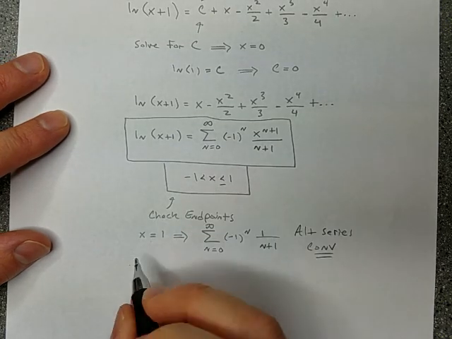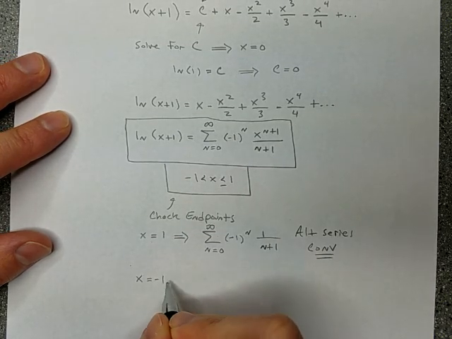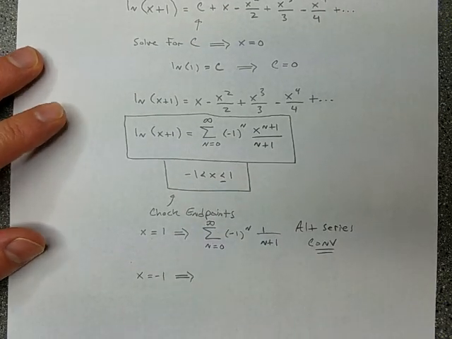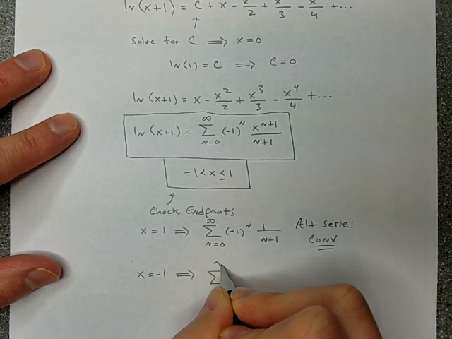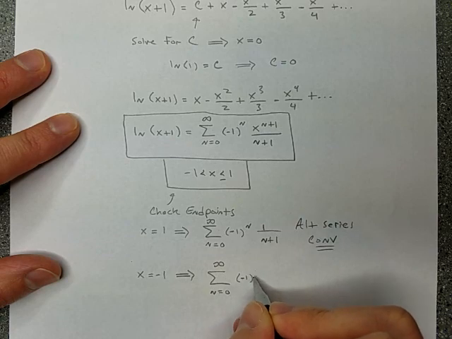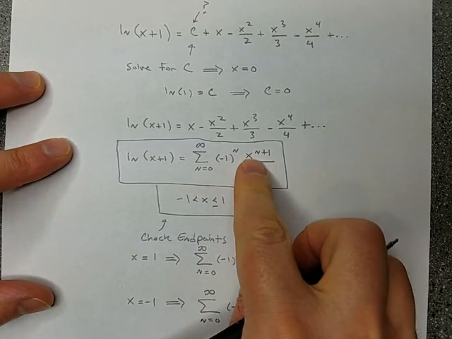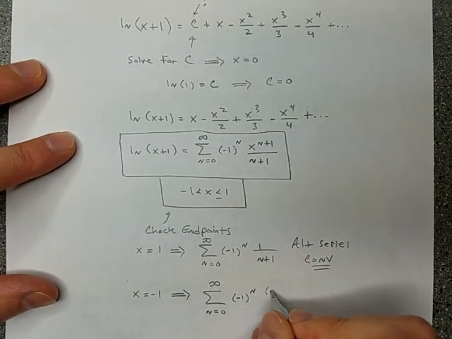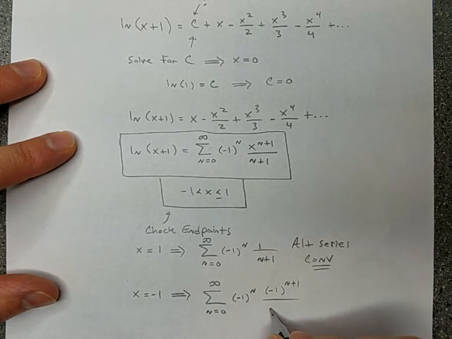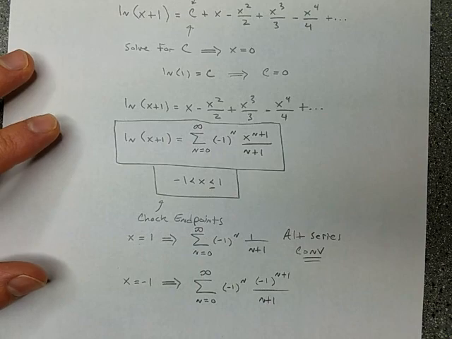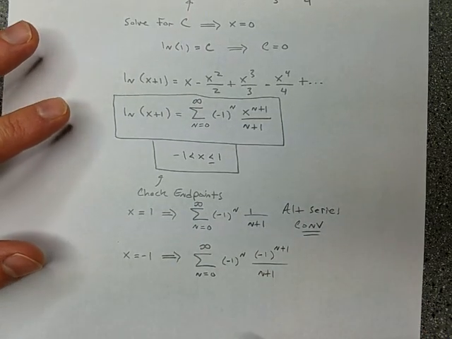All right, what about the negative 1? So x is equal to negative 1. That will give me this series from 0 to infinity, negative 1 to the n power, and I put negative 1 in there for x: negative 1 to the n plus 1 over n plus 1. Does that converge or not?